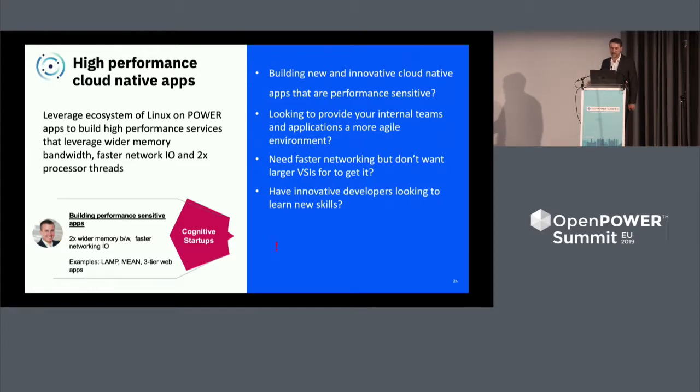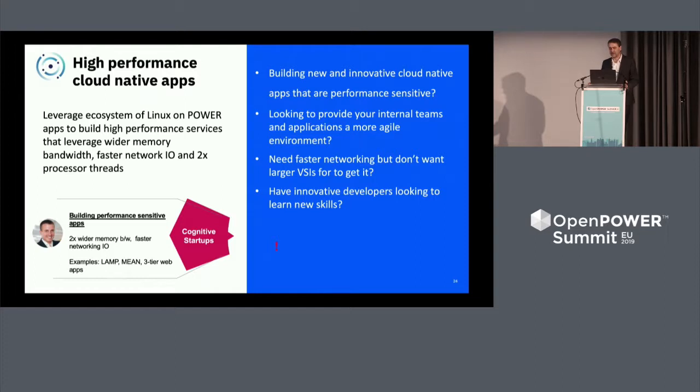And here's the questions that we ask, or that you can be asking yourself. Are you looking to provide your internal teams with applications on a more agile environment, faster networking, and you've got innovative developers looking to learn new skills? You can put them in our virtual private cloud, get them access to both x86 and Power, because some applications may require x86 instances, and they can talk seamlessly together.